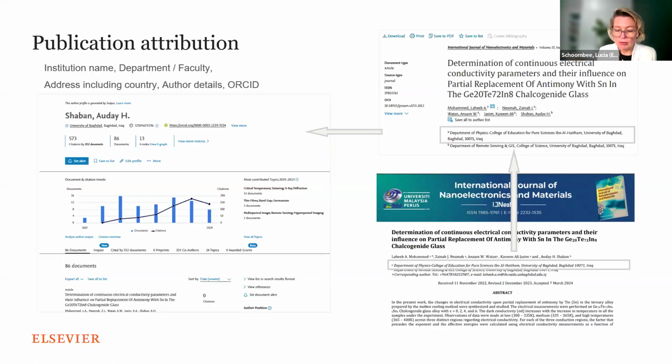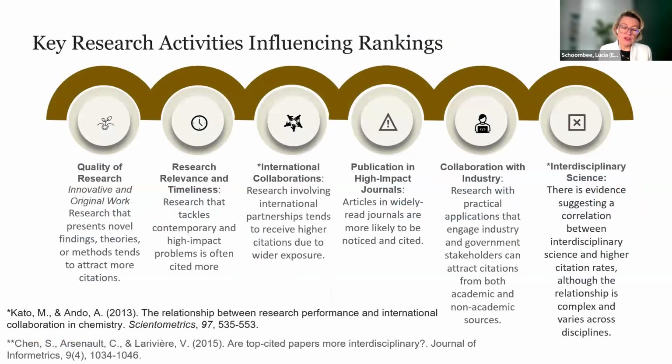We need the department information, we need the institution information. So that's important. Also use the ORCID number, if possible. So those two, the affiliation information and the author information, the attribution, must be accurate.